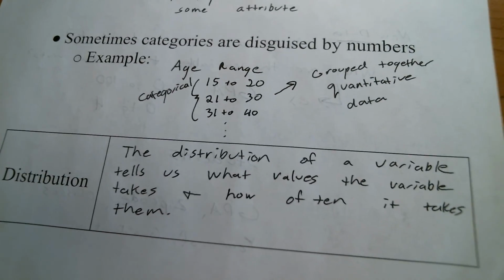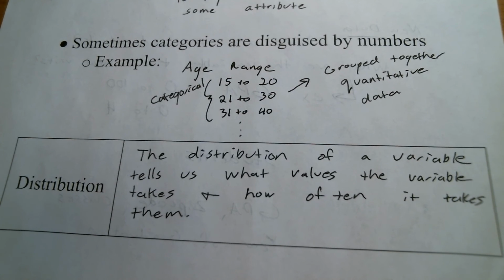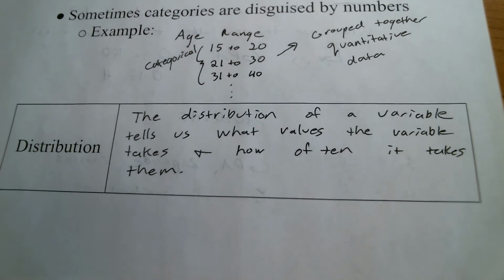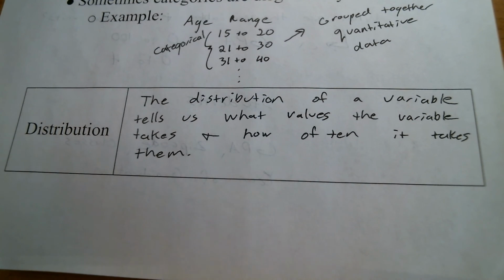A lot of times when we're talking about distributions, we're going to represent them visually. For example, if I was asking what the ages are in this class, I would figure out all the different values, 15, 16, 17, 18, and then however old I am. Then how often does each of those values occur?